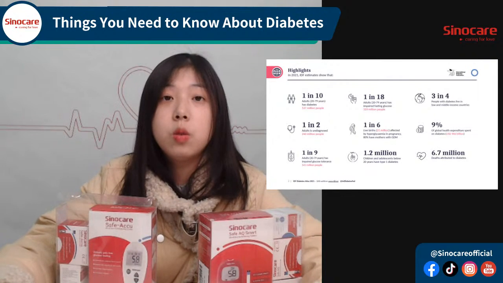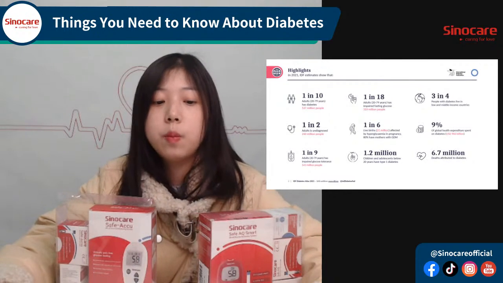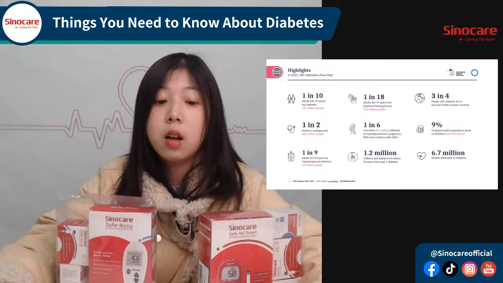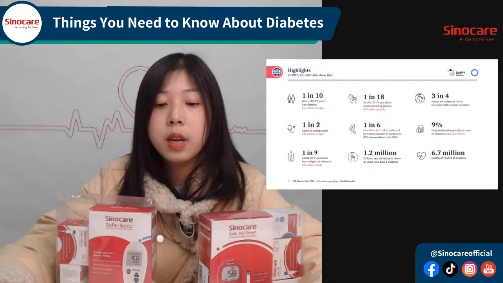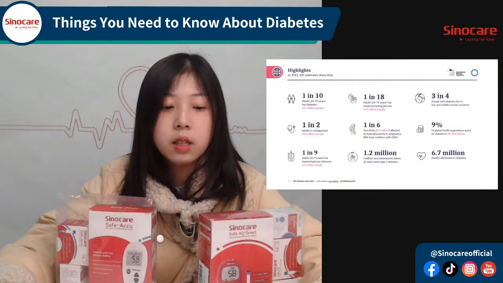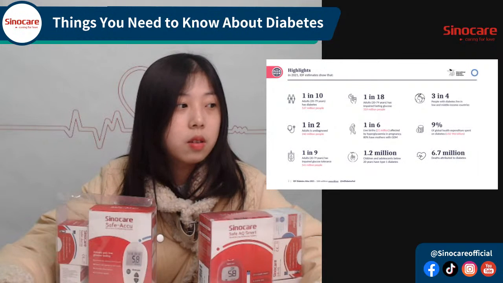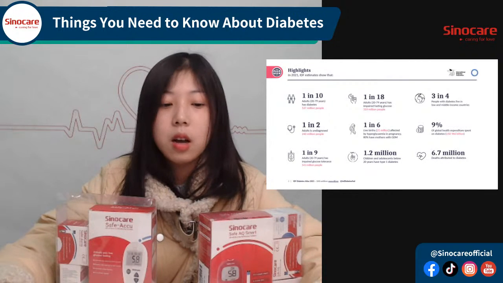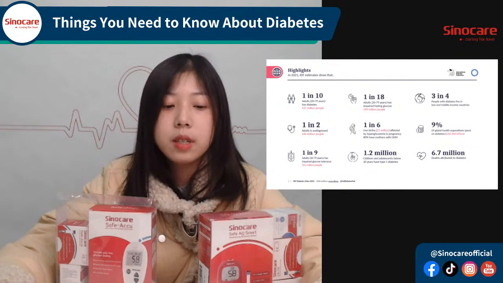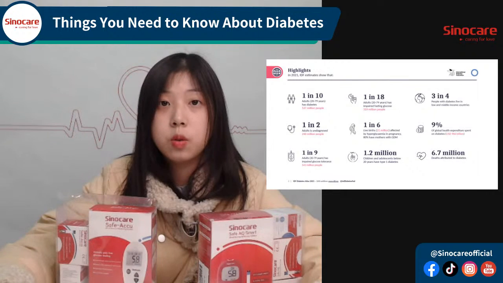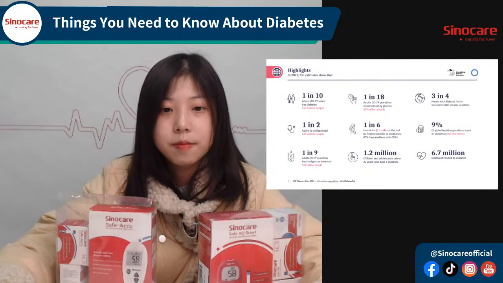And about 1.2 million children and adolescents under the age of 20 have type 1 diabetes, which is also a big number, right? And the next is about 6.7 million deaths linked to diabetes.